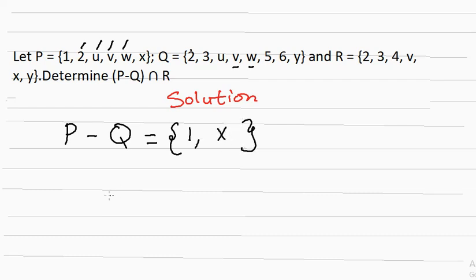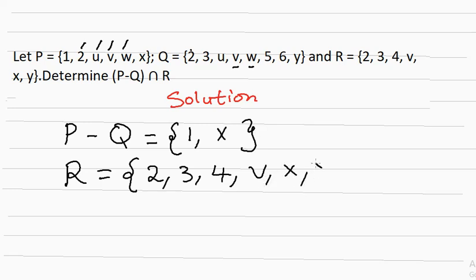Already we have the set of R. It's 2, comma 3, comma 4, comma V, comma X, comma Y. Now to get the intersection, remember intersection is what you see in both sets, what is common to both sets.